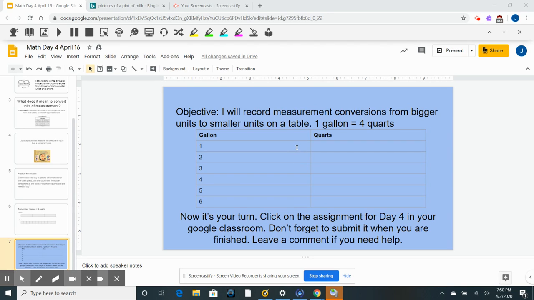All right, so 1 gallon would be equal to 4 quarts.